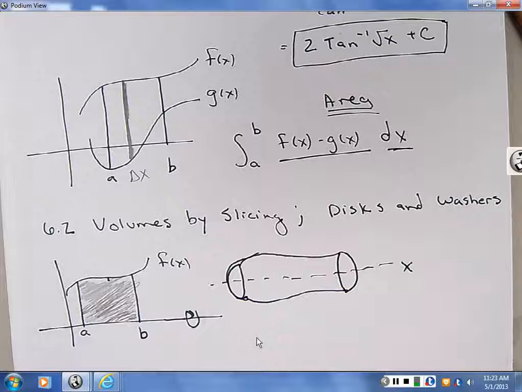Then we're doing the exact same thing. When we talked about area, we took slices of height, right? Here, when we talk about volume, we're going to take slices of area, because to get volume, I have to take an area times a distance or a length, right?